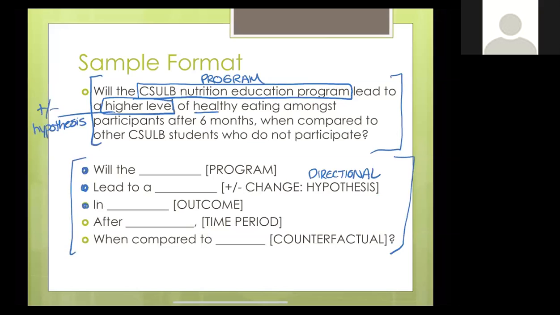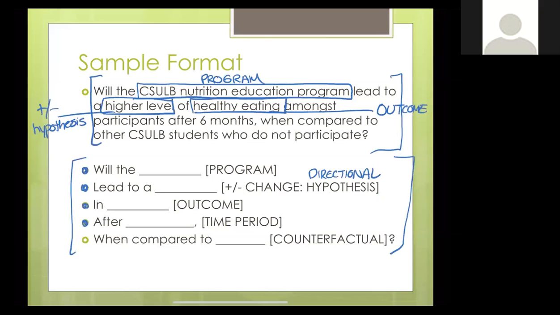And healthy eating, this is our outcome that we care about, which is people eating better. This is something you should be able to pull from your logic model, and fill in here to say what the outcome is that we expect to see change.